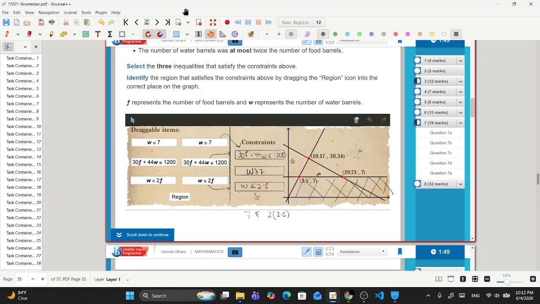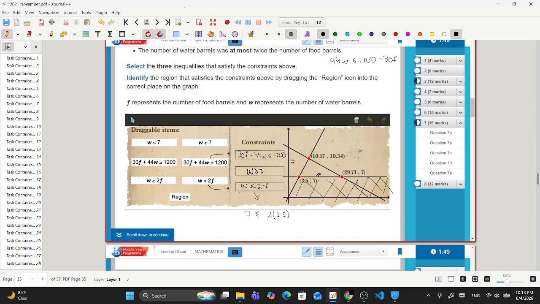We'll consider W as Y and F as X. Okay, it has to be done this way. W will be considered as Y and F will be considered as X. So we can write it like this: 44W is lesser than or equal to 1200 minus 30F. And what else?